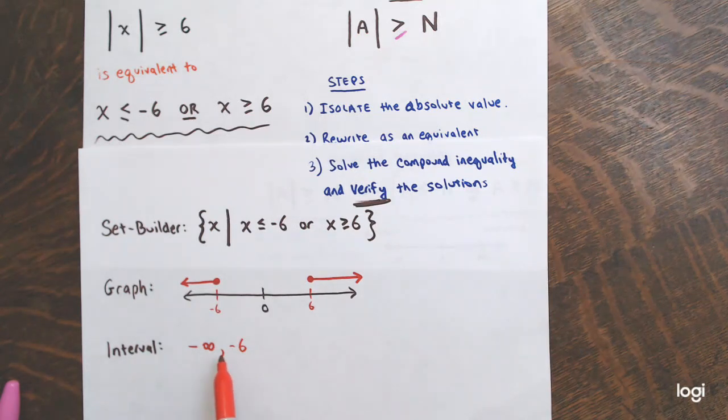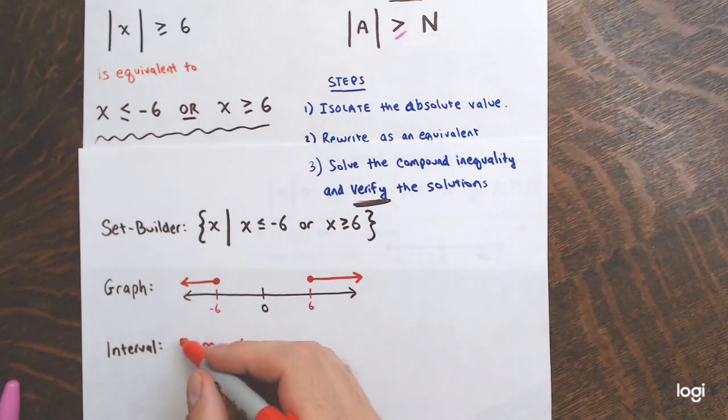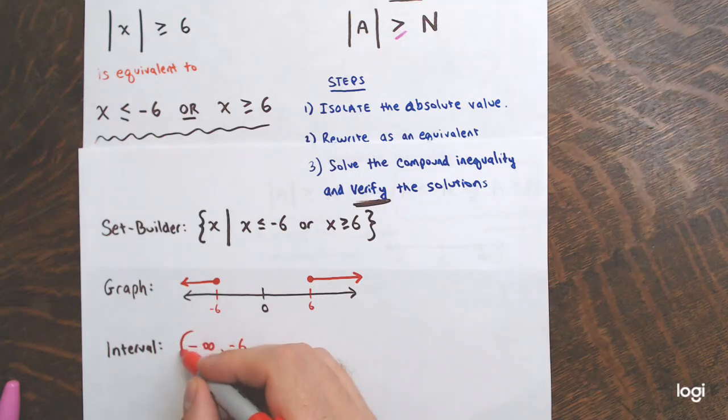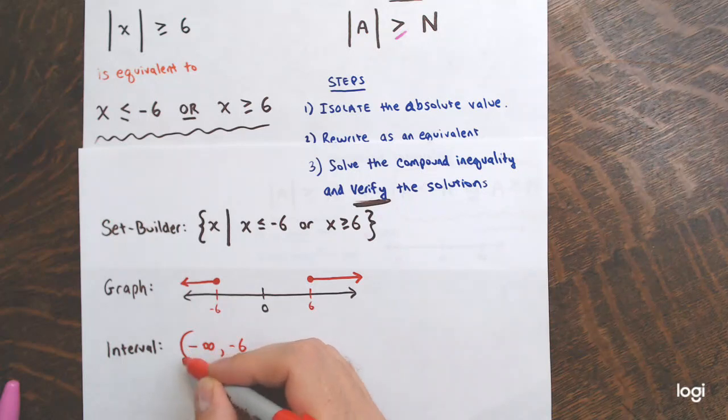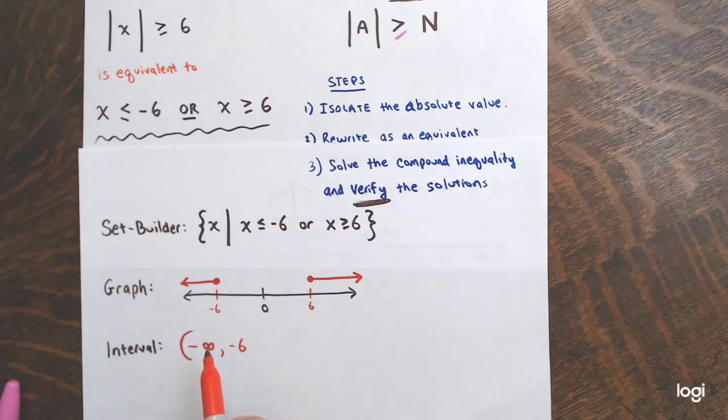And then you cap these off, the left end and the right end of your interval, with either a parenthesis if a number at the end is not a solution, or a rectangular bracket if a number at an end is a solution. I said a second ago, negative infinity is not a number. So always cap those infinities and negative infinities with parentheses, to indicate that's not a number.